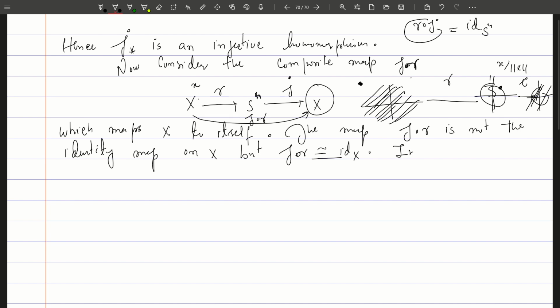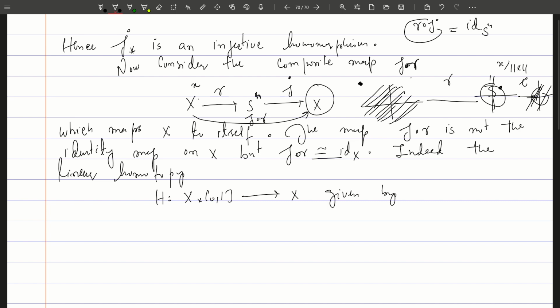Indeed, the linear homotopy H defined from X cross [0, 1] to X is given by H of (x, t) equal to (1 minus t) times x plus t times x by norm of x.